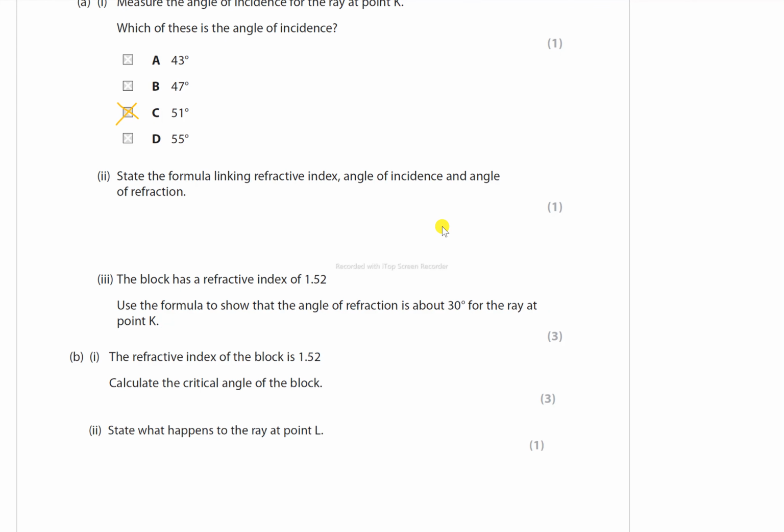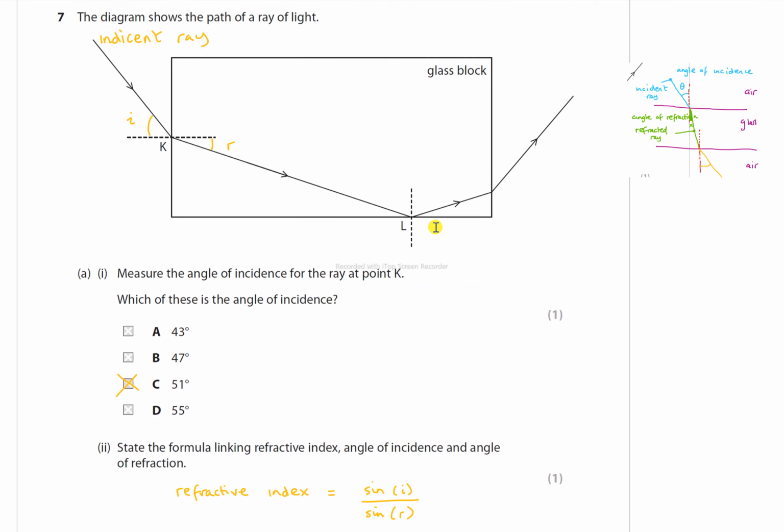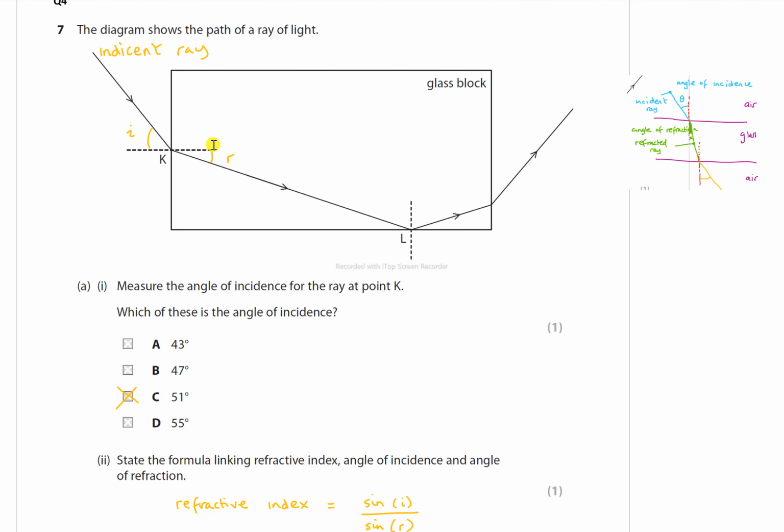Refractive index is the sine of angle I divided by the sine of angle R. So angle I, angle R, angle of incidence, angle of refraction.